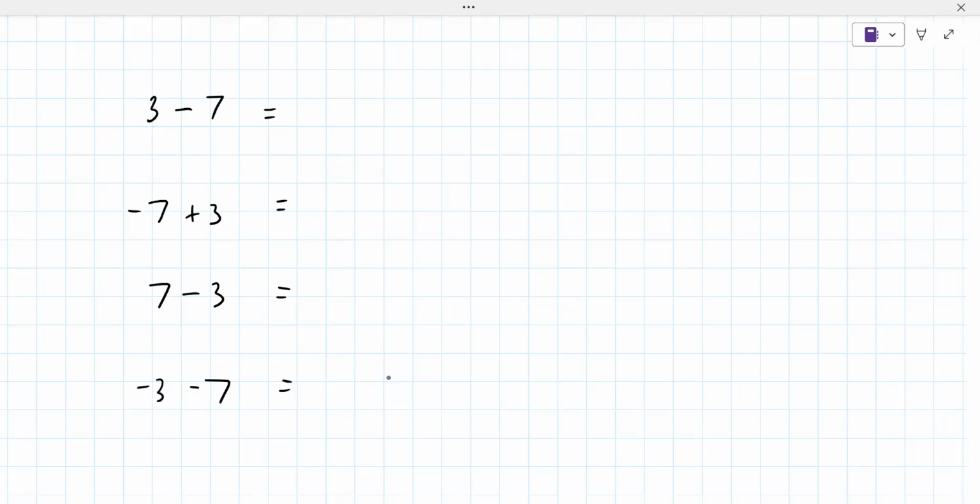Negative 4 for the first one. Agreed. Keep going. Negative 10 for the second one.